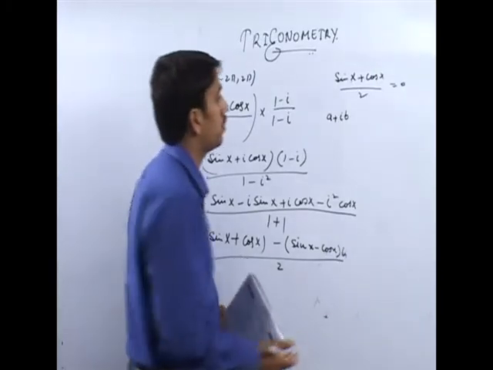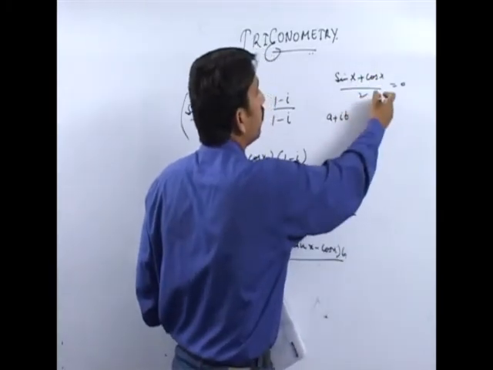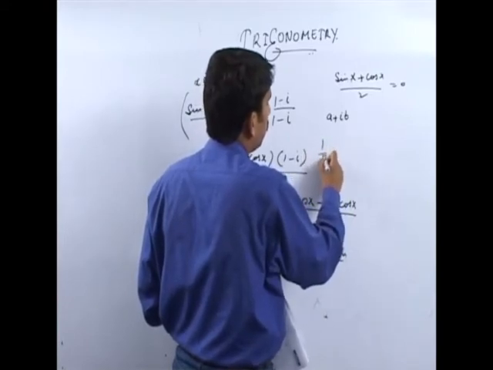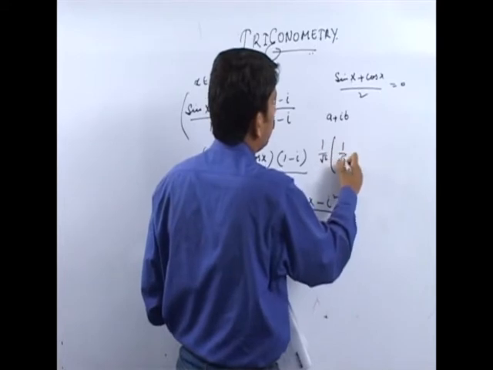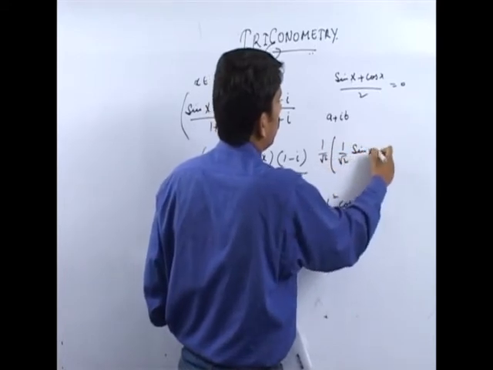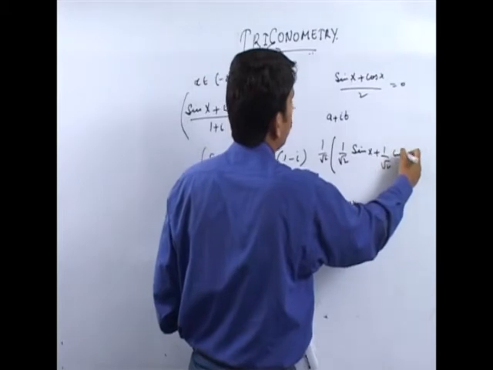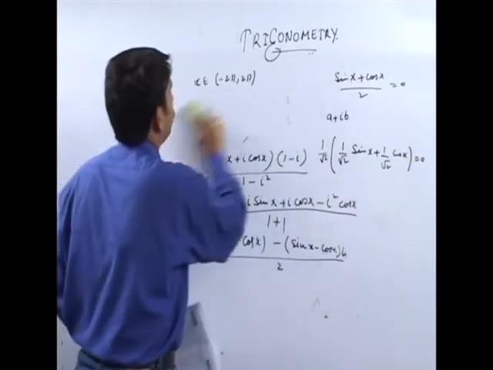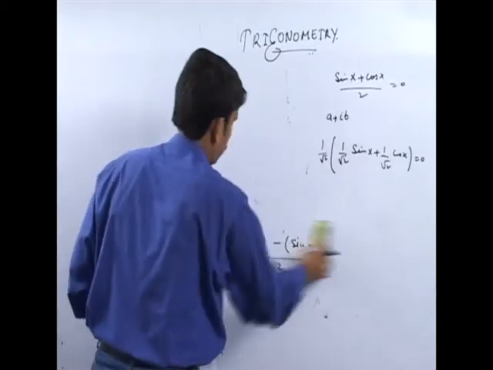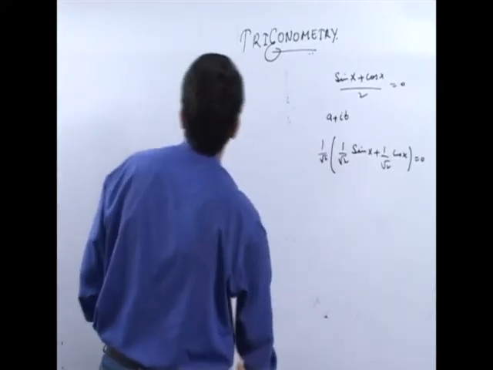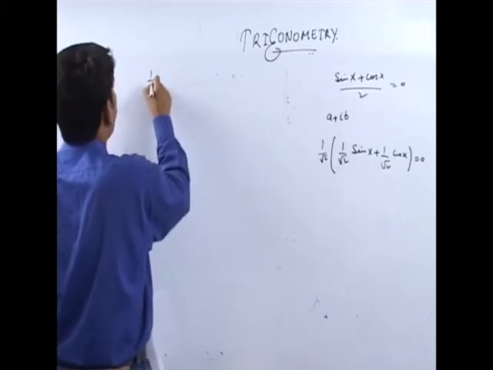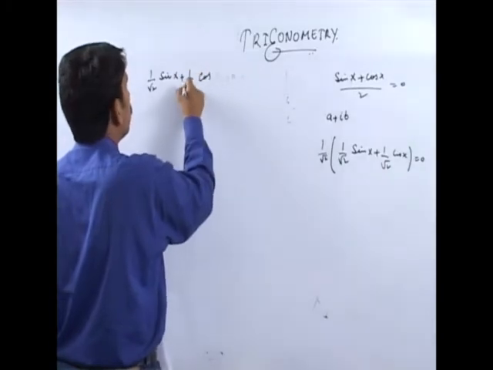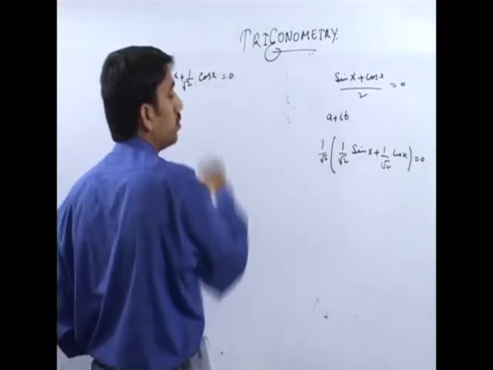That means sin x plus cos x over 2 is equal to 0, or if you take root 2 outside, this will be 1 by root 2 sin x plus 1 by root 2 cos x is equal to 0. Or you can say that 1 by root 2 sin x plus 1 by root 2 cos x should be equal to 0.